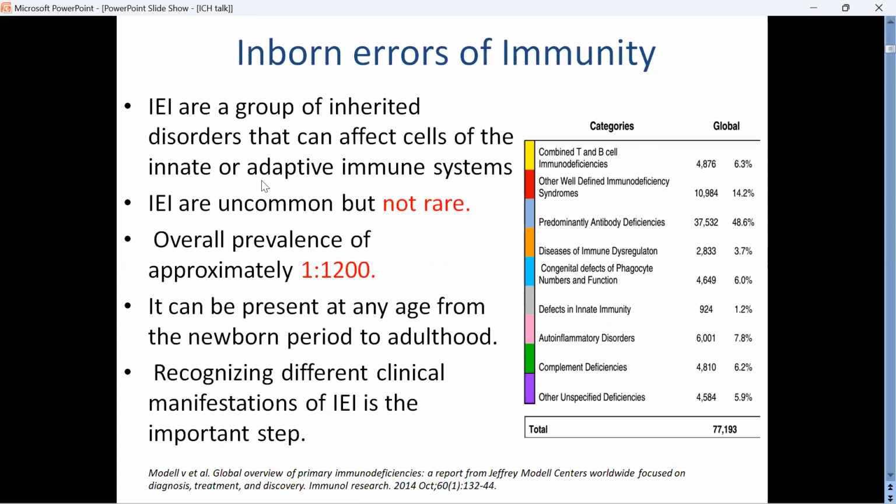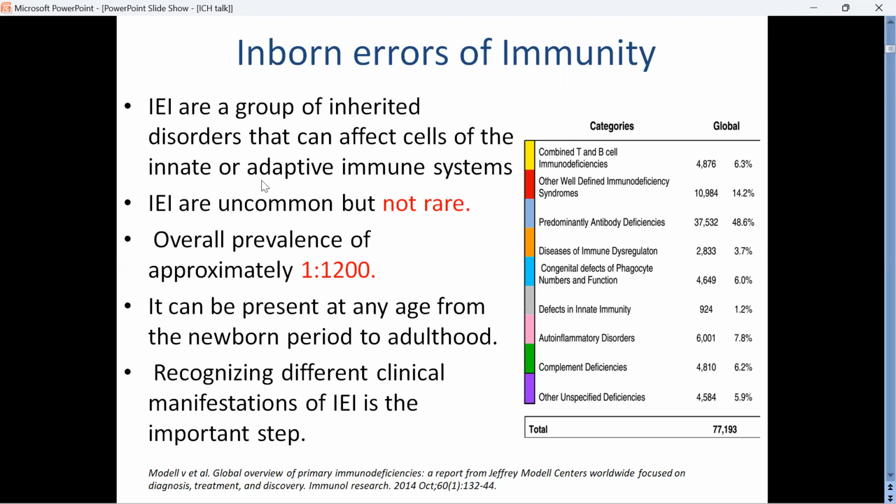Most of them were earlier underdiagnosed because we didn't have a good diagnostic modality to pick up these cases. But now, with the advent of techniques like flow cytometry and next generation sequencing, many such disorders are being picked up and diagnosed. So, my point is it is uncommon, but it is not rare.